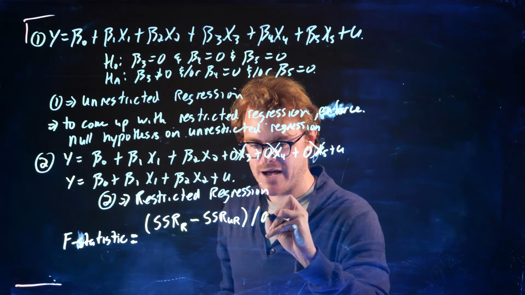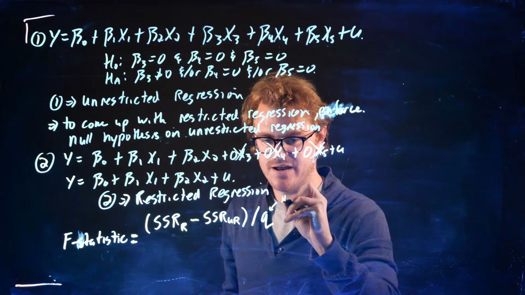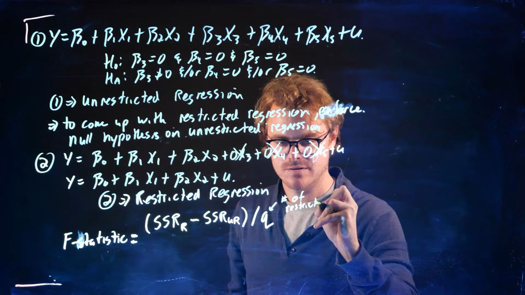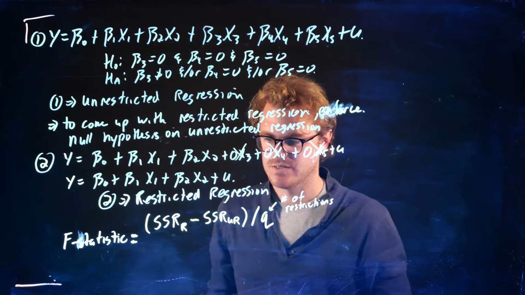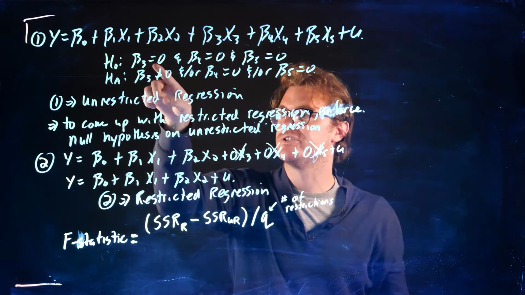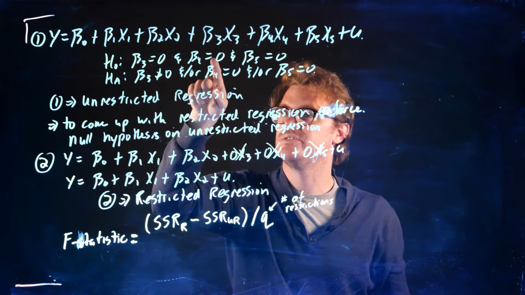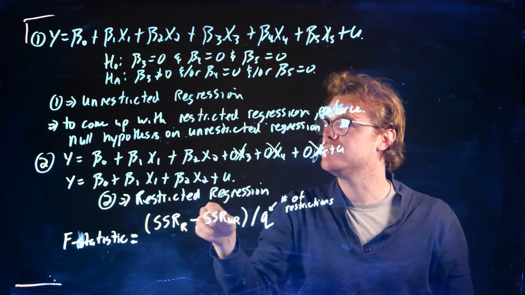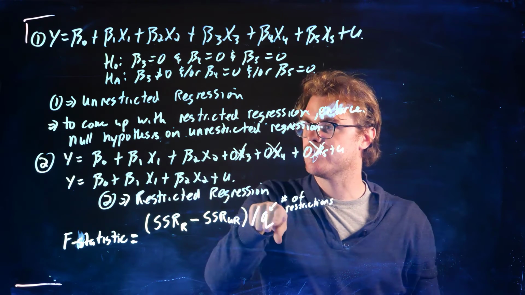We divide by Q, the number of restrictions. Think of it as the number of equal signs: 1, 2, 3. So Q equals 3 here, but we'll do an example.